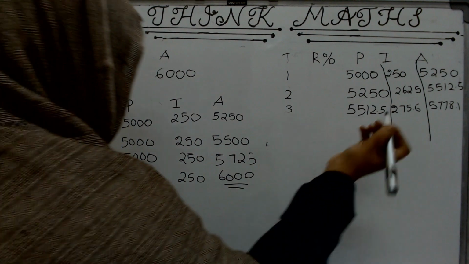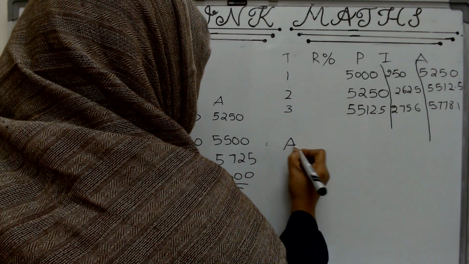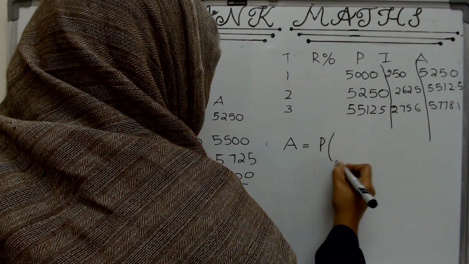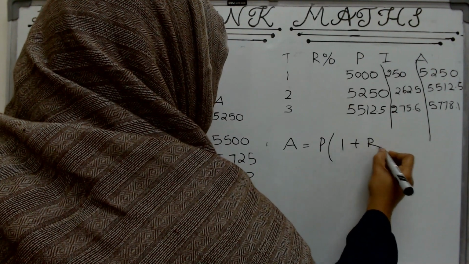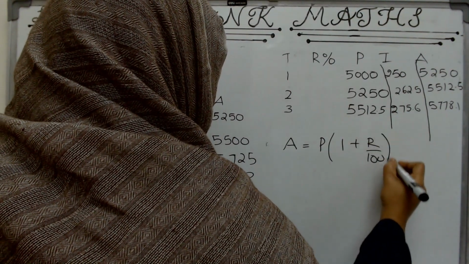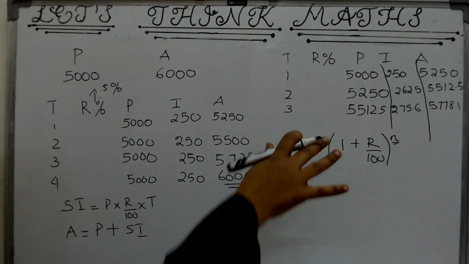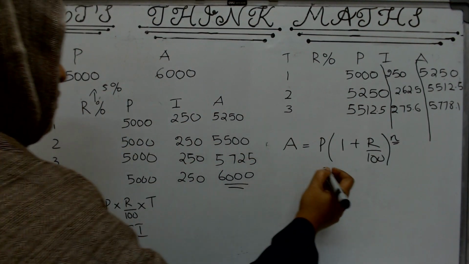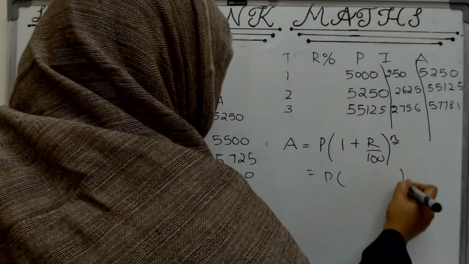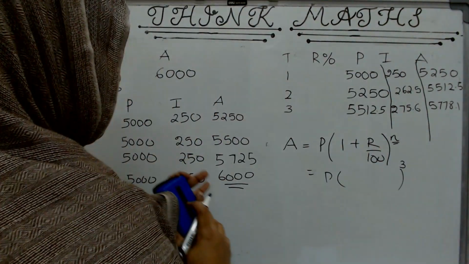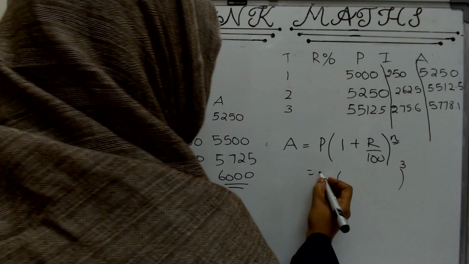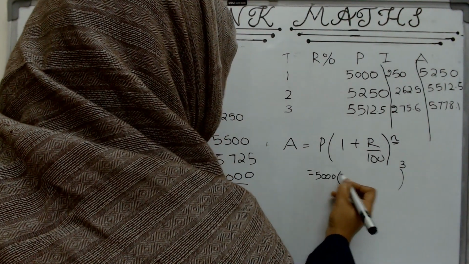In terms of compound interest, your amount will be principal into 1 plus r by 100 raised to n, where n is the number of years that you have put the money for. Here the number of years is 3, raised to 3. And what is your p? Your p here is 5000. And what is your r?